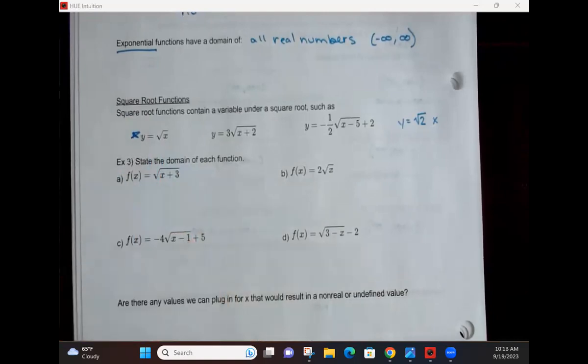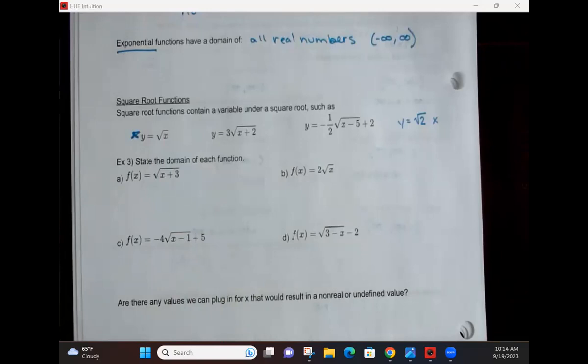Now, are we always going to get a nice value out of a square root function? No, that's okay. Domain doesn't mean just the nice, pretty x values that we can plug in. It means all the x's that we could possibly plug in, and the output, the range, would be all the y's we could possibly get. So with that idea, 0 is okay. Anything bigger than 0 is okay. Absolutely no negatives.